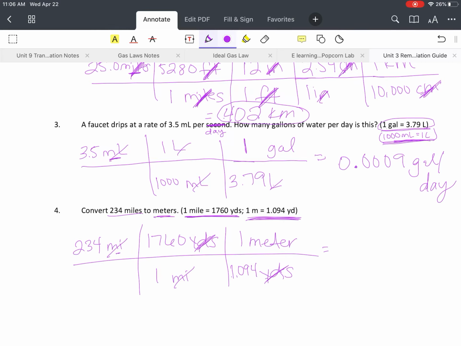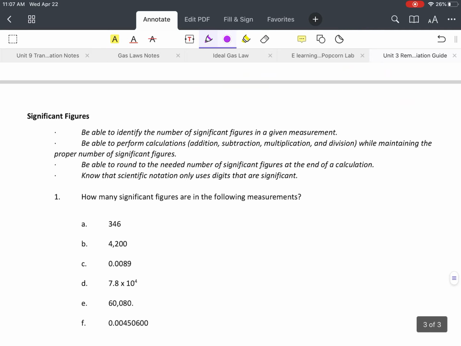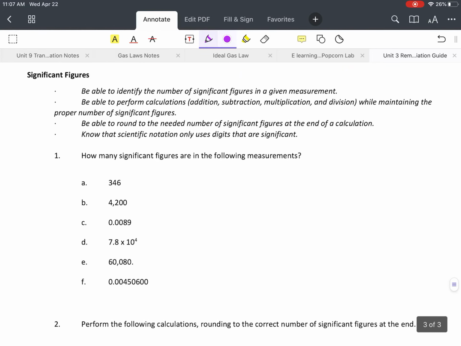Now I can just multiply the top, 234 times 1760, and divide by the bottom. That gives 376,453 meters. Okay, so that's my answer for that one.